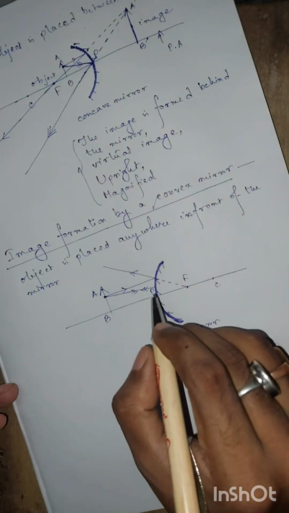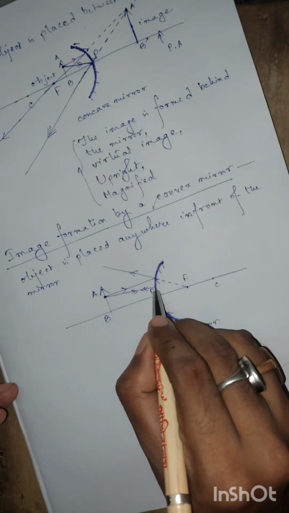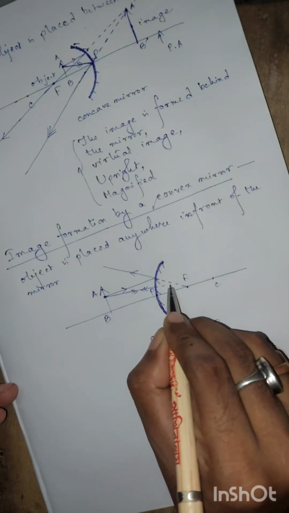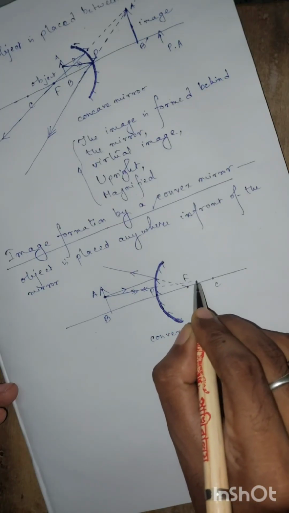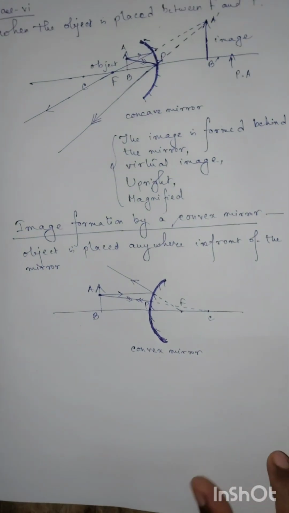So when the reflected ray is produced backwards, it passes through the center of curvature.